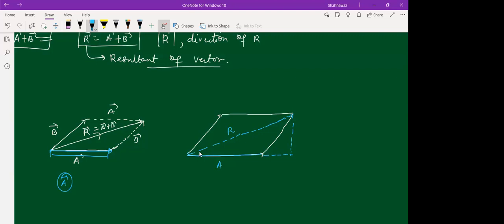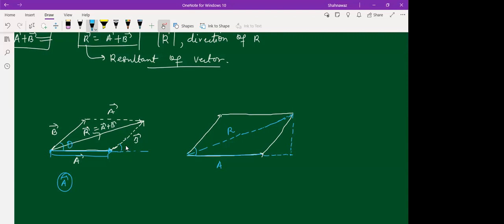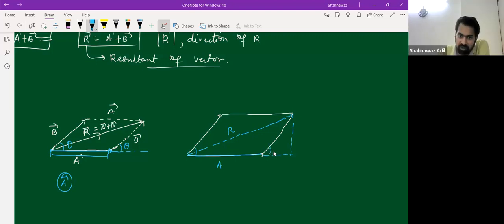This was some angle theta. And we are drawing a parallel, so this would be the same theta, corresponding angles. So this is theta. And this length is how much?